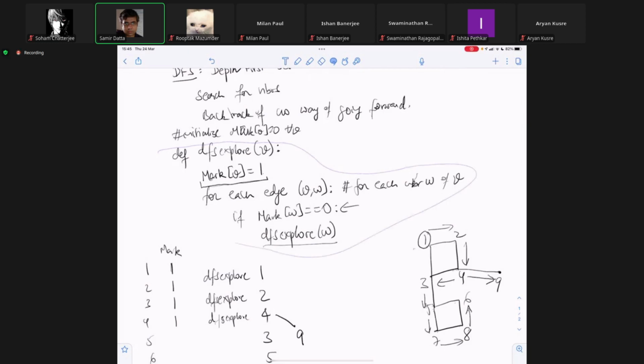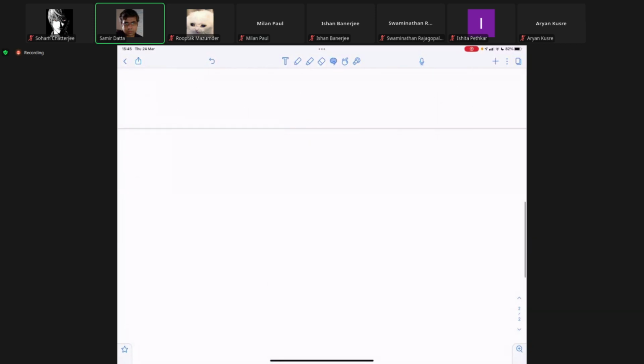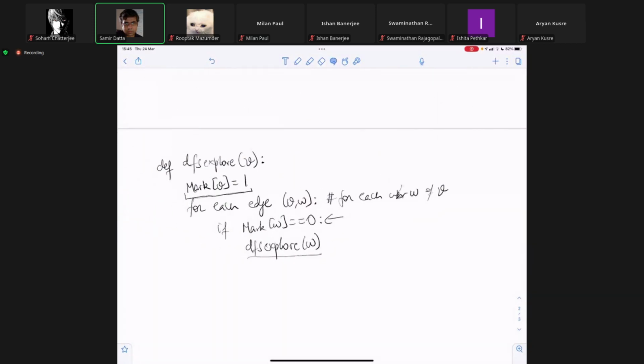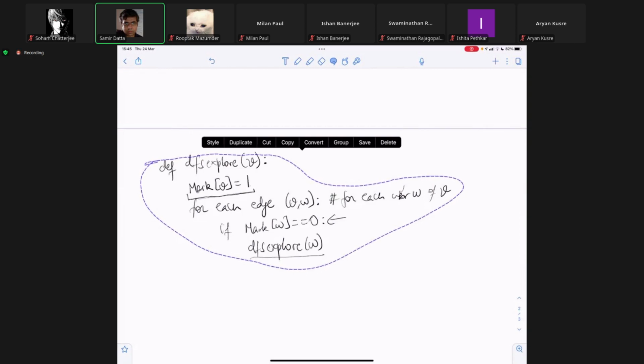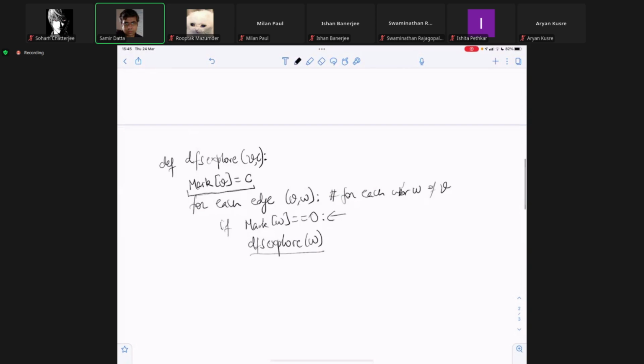You add an argument C to DFS explore, and you say mark V equal to C, and if mark V equal to 0, DFS explore with W comma C. So then mark everything with this C. How would you use it globally?